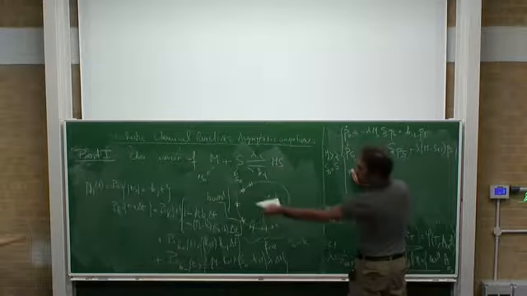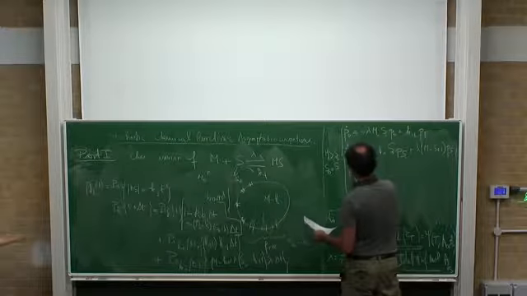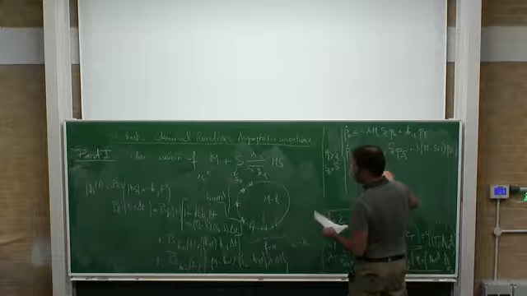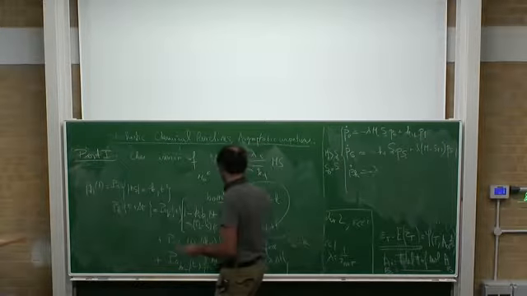we have exactly what we've written here, p dot k equals minus, so here I've forgotten lambda.